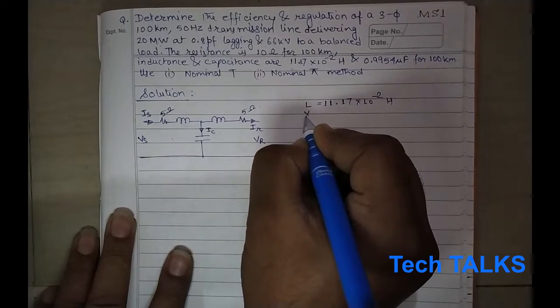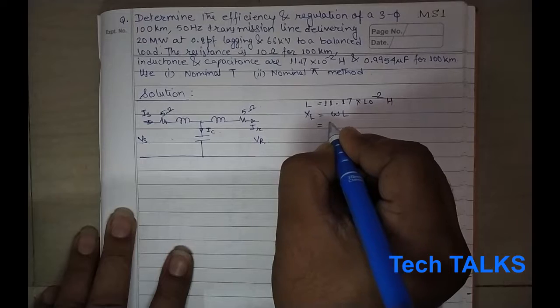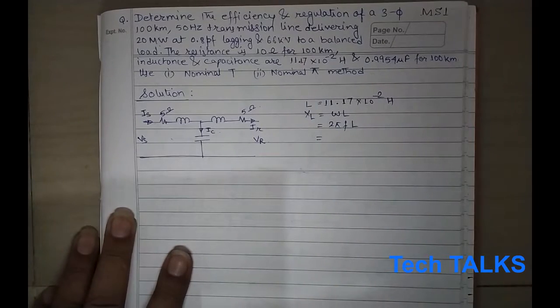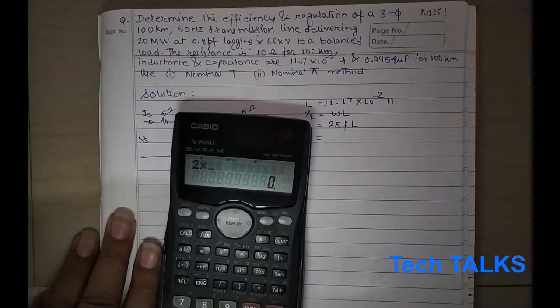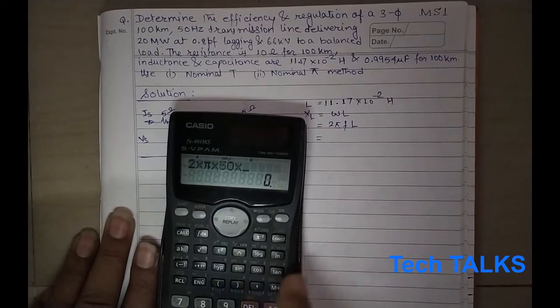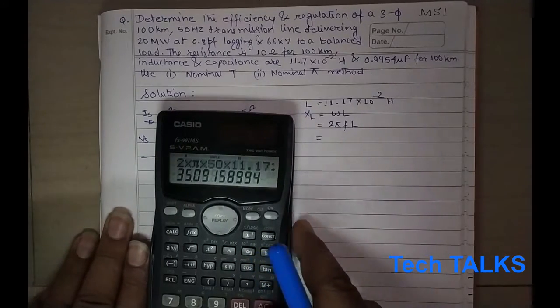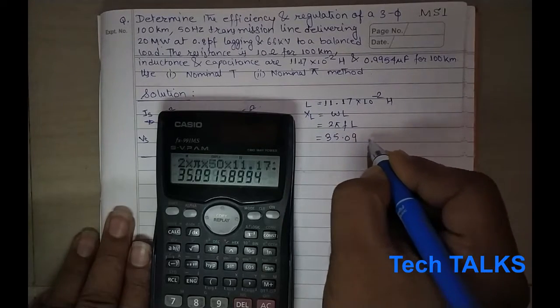The value of XL is omega L, that is 2 pi F into L, so that is equal to 11.17 into 10 to the power minus 2 times 2 pi times 50. It is 35.09 ohm.